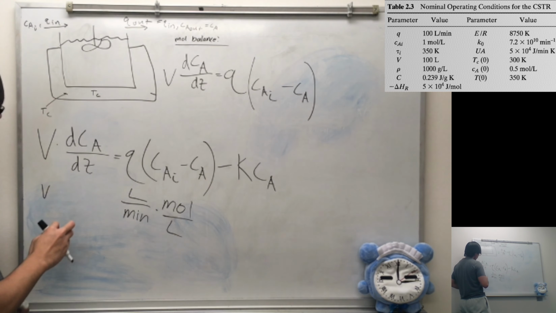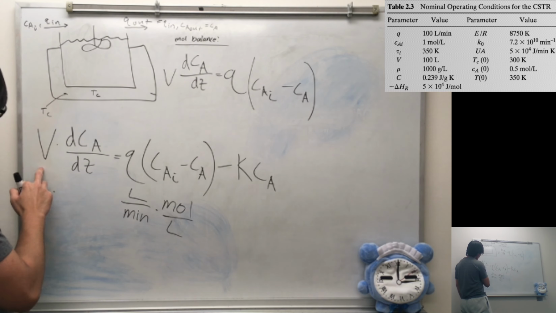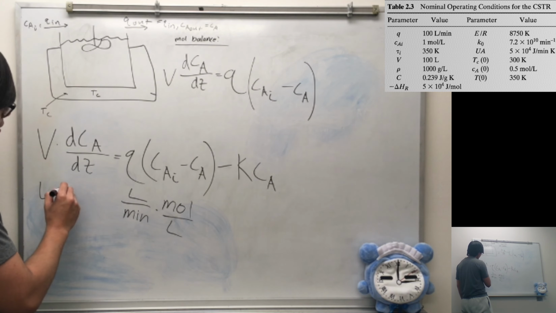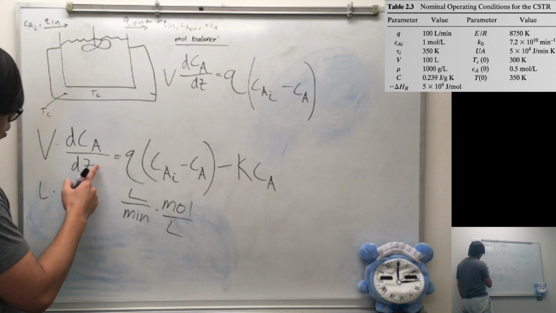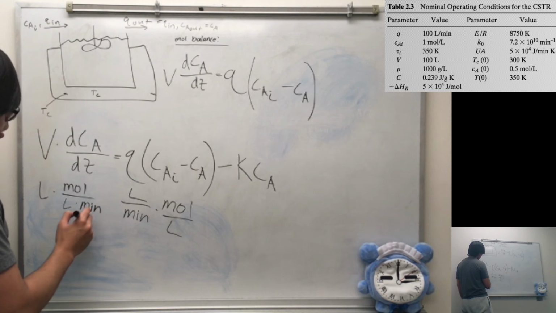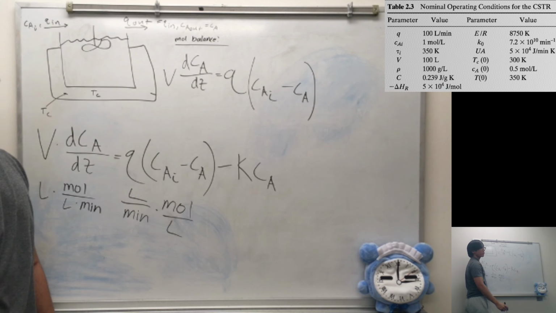We have volume, in liters, times our change in moles per liter per time, which would be per minute. So again, we're focusing on moles per minute. This means the reaction term has to be moles per minute as well.